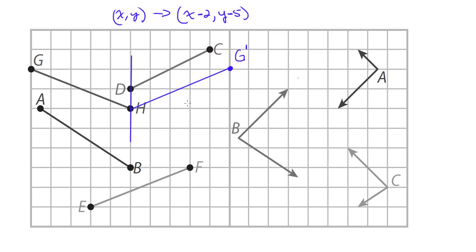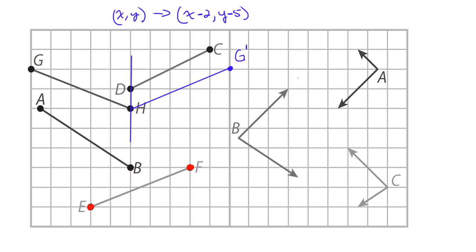If I move H left 2 and down 5, that maps H right onto E. And if I do the same thing with G prime, left 2 and down 5, that maps G right onto F.